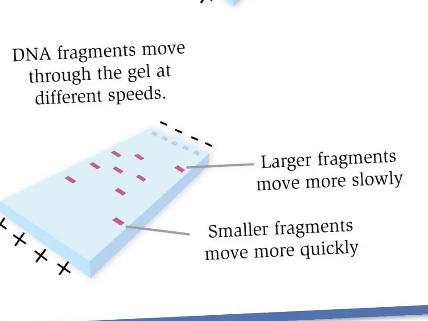So if this fragment, let's say, is a repeat with 8 repeats, it's going to move much more slowly than this one with 2 repeats. So 8 repeats is longer, it weighs more. Okay? So it doesn't move as far.